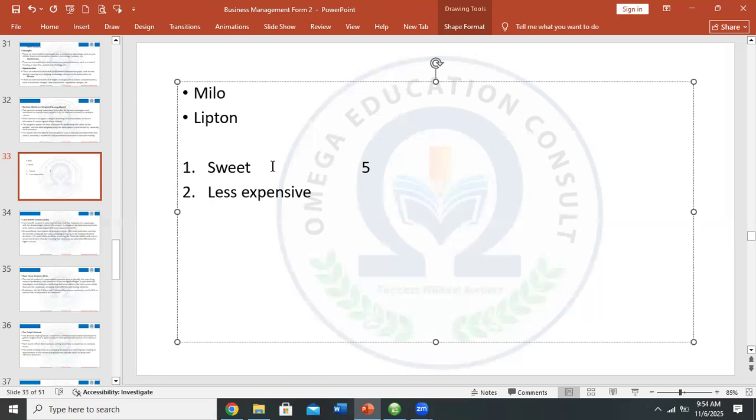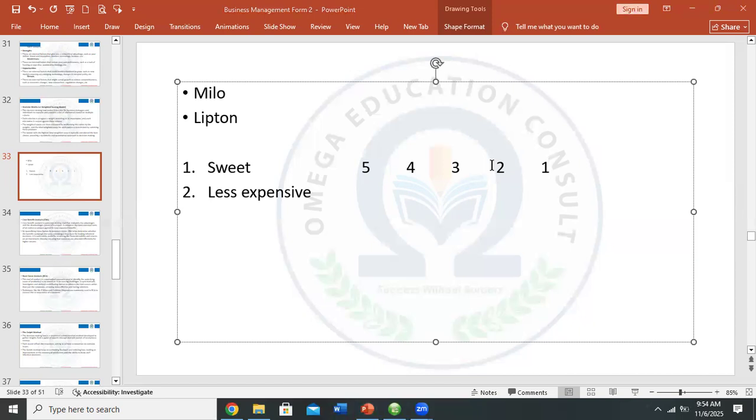That's the weight. You assign some point or weight to it. If it is not too sweet, then maybe you assign 1. In between, you can have 4 for less sweet, 3 for semi-sweet, 2, and then 1 for not sweet, something like that. So you assign the weight to these criteria.